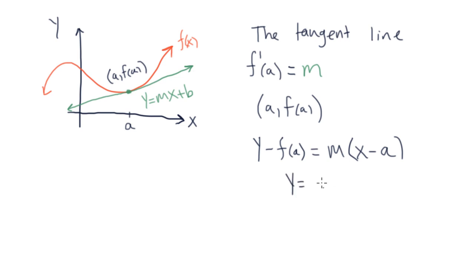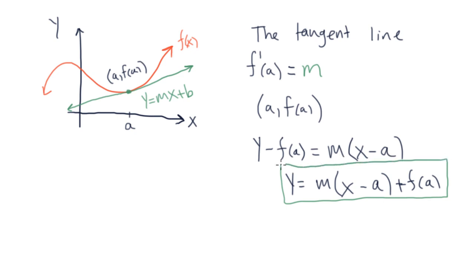Or, if you prefer, I can add f of a over. So this is the general form for the tangent line, right there. That's how you find it. So in order to find the tangent line, you need the slope by taking that limit, finding the derivative at x equals a, and then just using this point of tangency, (a, f(a)), to find the equation of the tangent line.